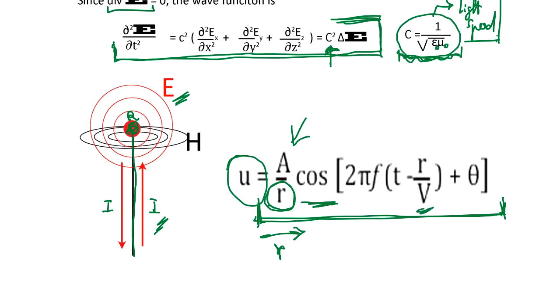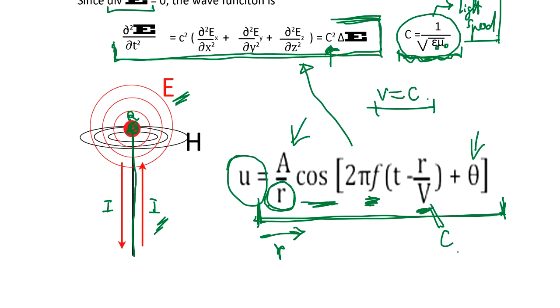And speed v, that's going to be the light speed. This is a frequency. You can have some phase. As usual, you plug this anticipated solution into this equation, then v becomes c. So you know the wave speed is c.